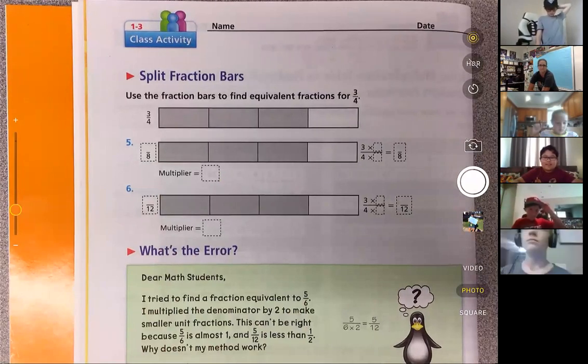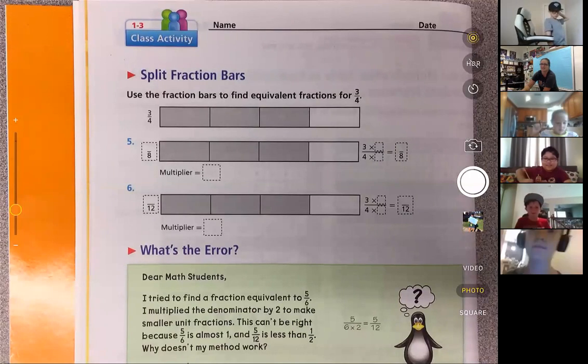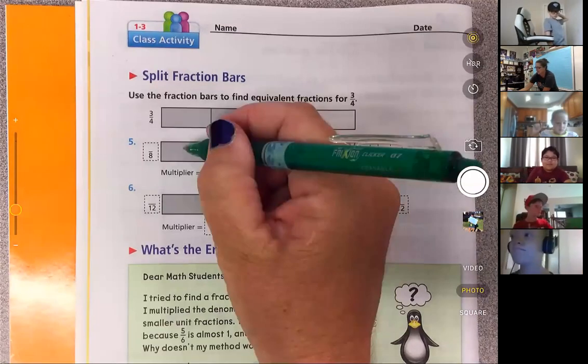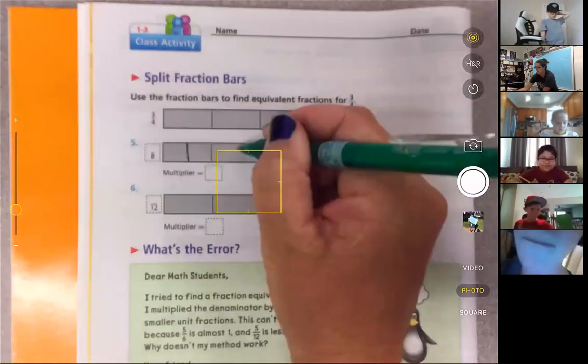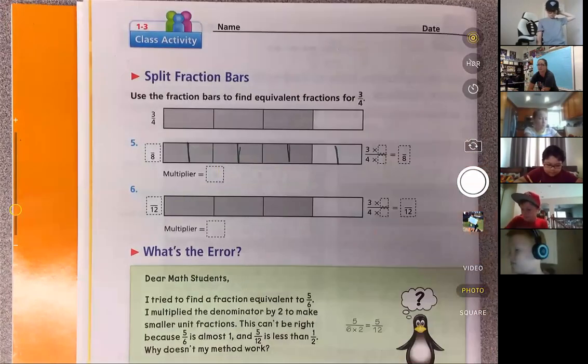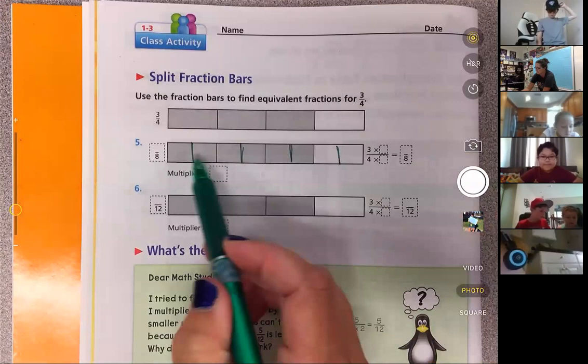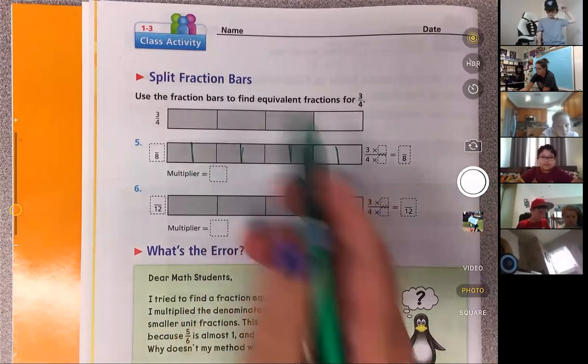You split each fourth in half. Put lines in the middle of them. You guys are good. I heard you split each bar in half. If I split each one of those bars in halves, do I have 8 bars now? Yes. So 1, 2, 3, 4, 5, 6, 7, 8.